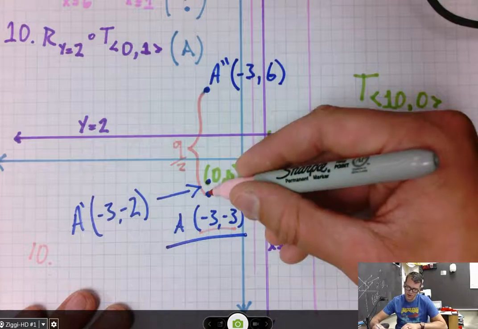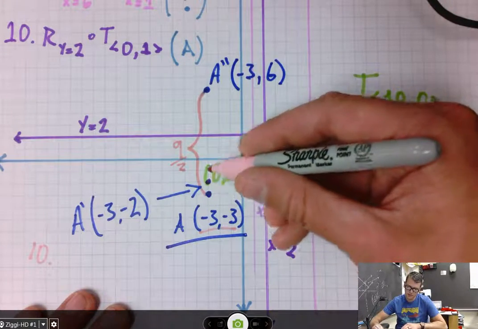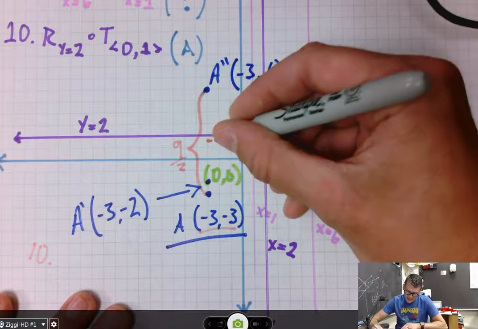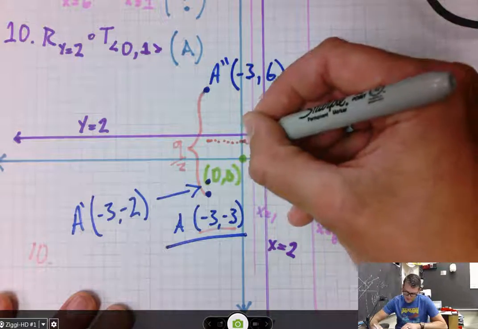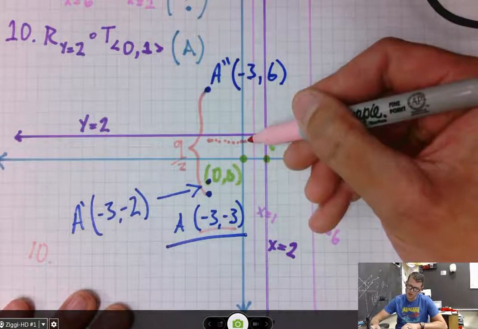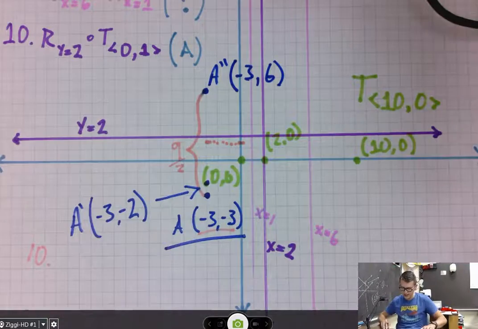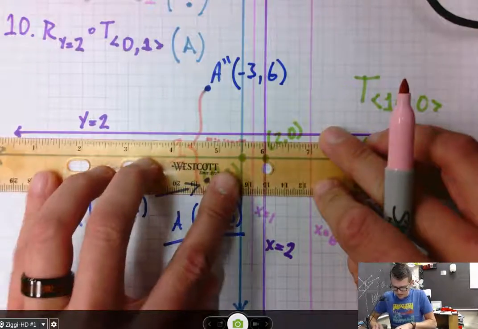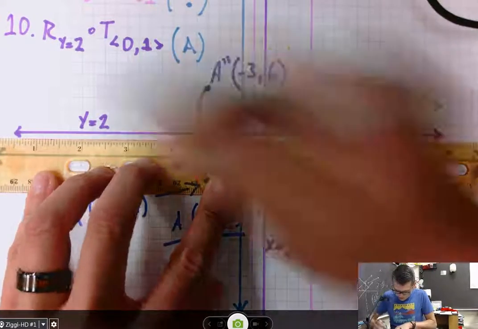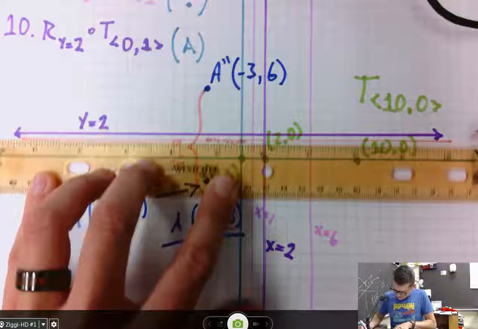So if I go 4.5 up from the -3, 1, 2, 3, 4.5, where is that relative to everything else? Well, my origin point is right there, so that would be at a y value of 1.5. So we can then draw that axis of reflection right here.